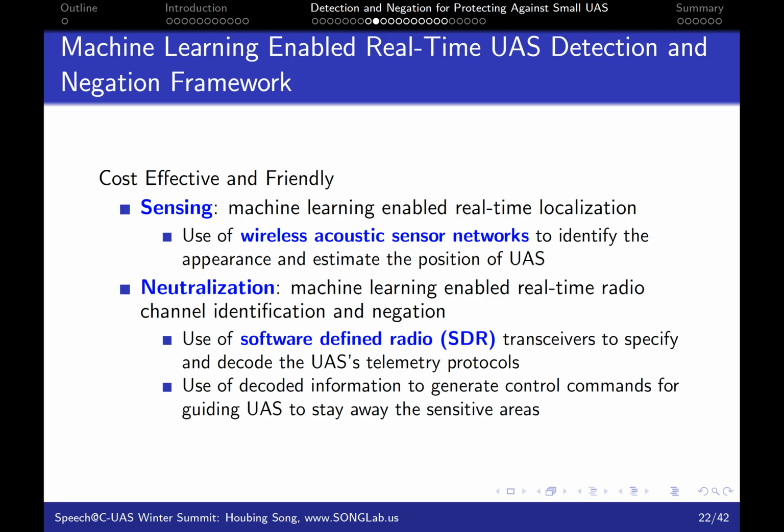For the neutralization subsystem, our uniqueness is machine learning enabled real-time radio channel identification and negation. We use software-defined radio transceivers to specify and decode the UAS telemetry protocols. Also, we use decoded information to generate control commands for guiding UAS to stay away from the sensitive areas.